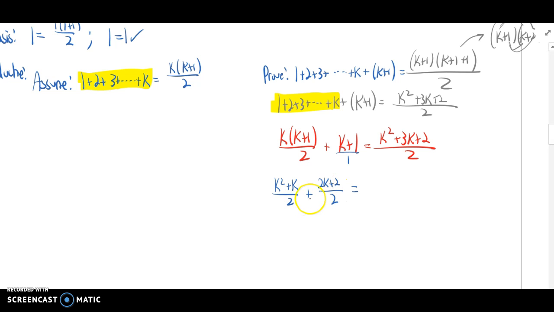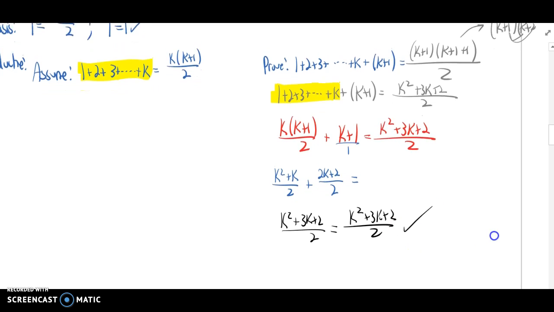But now on the left, since these both have a denominator of 2, we can combine them together. K squared plus 3k plus 2 is k squared plus k plus 2k, and plus 2, it's all over 2. The right-hand side, if I take a look over there, they are exactly the same, which is good news.